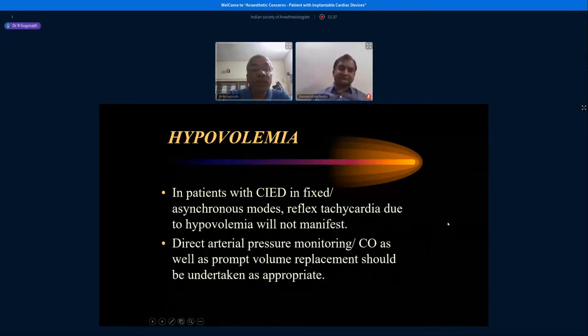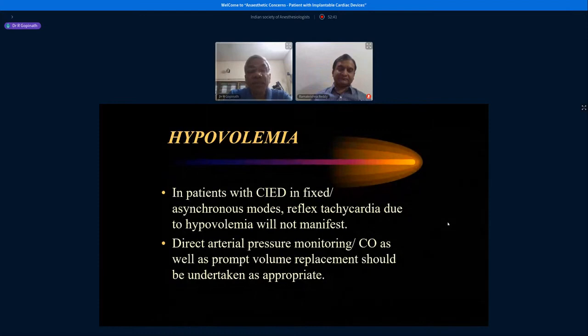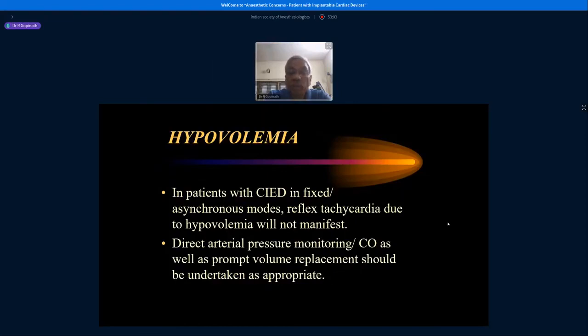Patients with hypovolemia, there is a problem basically because in patients with CID in fixed or asynchronous mode, the programmability function of increasing the heart rate when there is low volume, or increasing it for needs like tachycardia, is not available. So reflex tachycardia because of hypovolemic situations will not be manifest in an asynchronous mode.